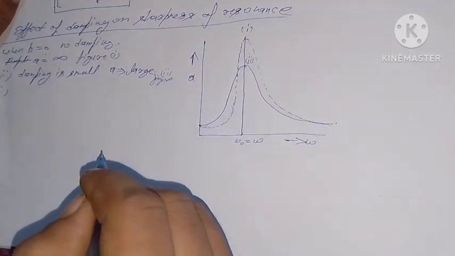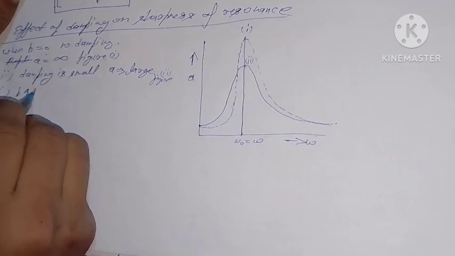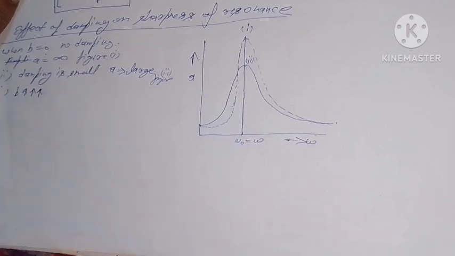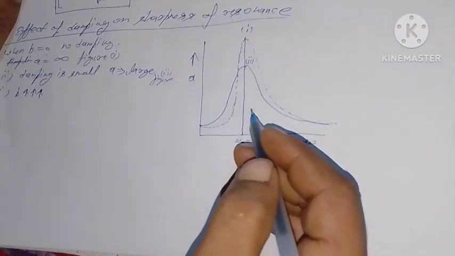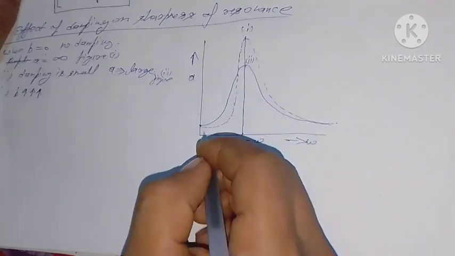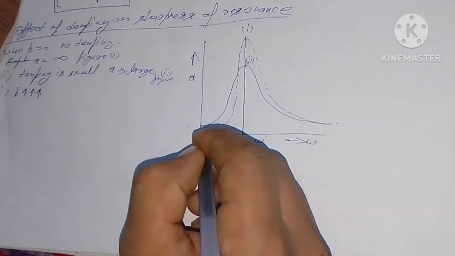Third point. As the value of b increases, the amplitude at resonance decreases. You can show this by the third figure.